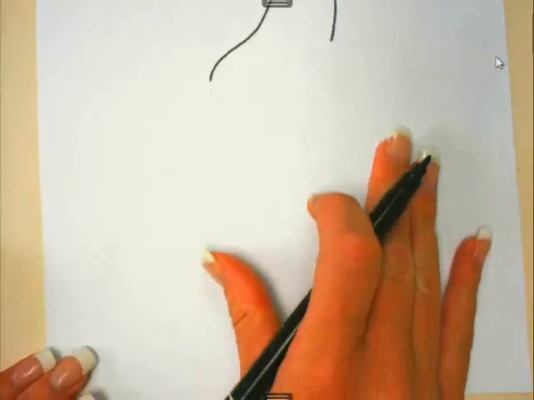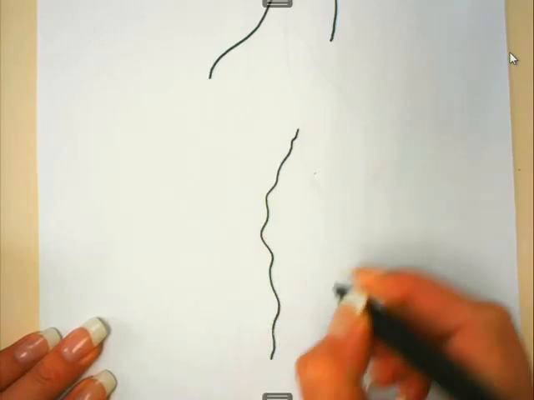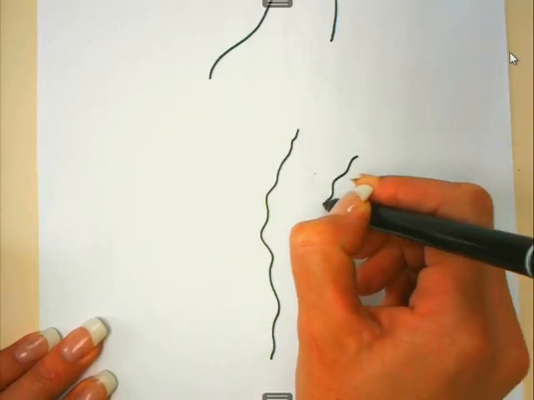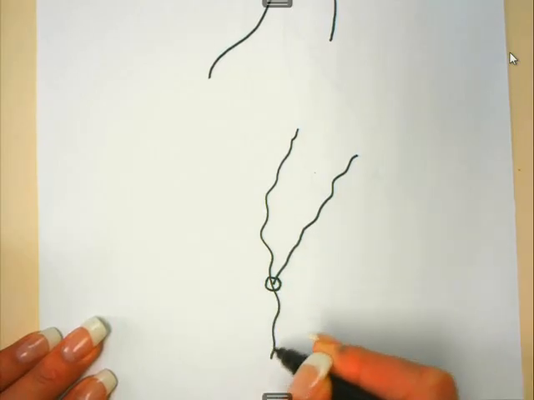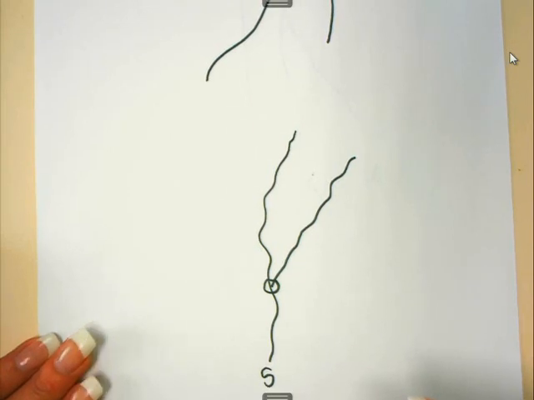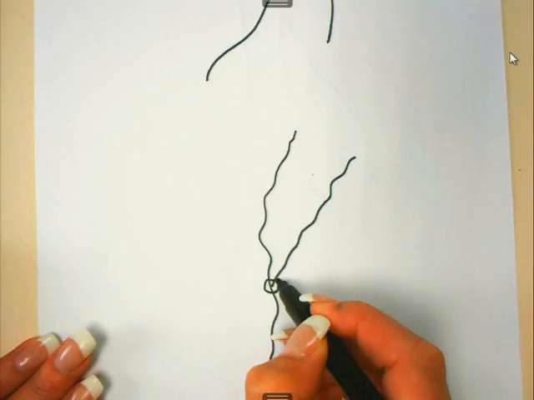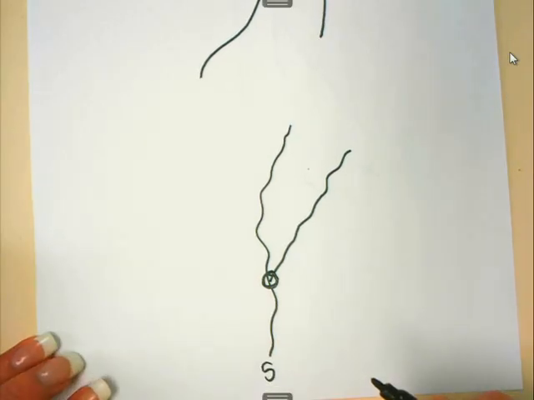If I have another one and I have a river flowing like this, and I have it joining at that angle, then there's the confluence. That river will be flowing south. Is everybody clear on that? Look at the angle in which the tributary joins the main stream.